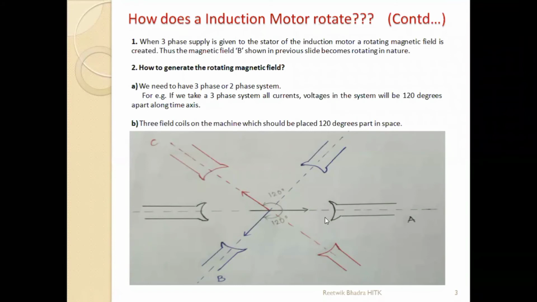And these poles are separated by 120 degrees, right? From A to B, 120 degrees. So the magnetic field or the MMF that will be generated will again be separated by 120 degrees in space. In time, it is separated by 120 degrees. Since these poles are separated by 120 degrees, the magnetic axes will again be separated by 120 degrees in space.